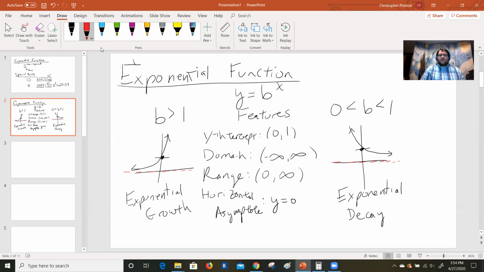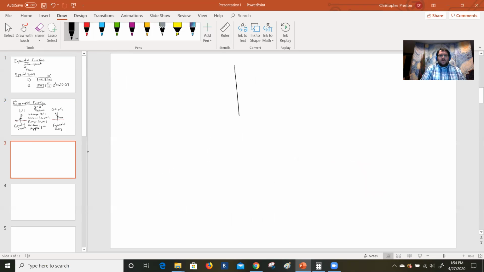And there are more complicated models for a lot of natural systems. They would use something more like this, and this might be modeled using something like e to the negative x squared.